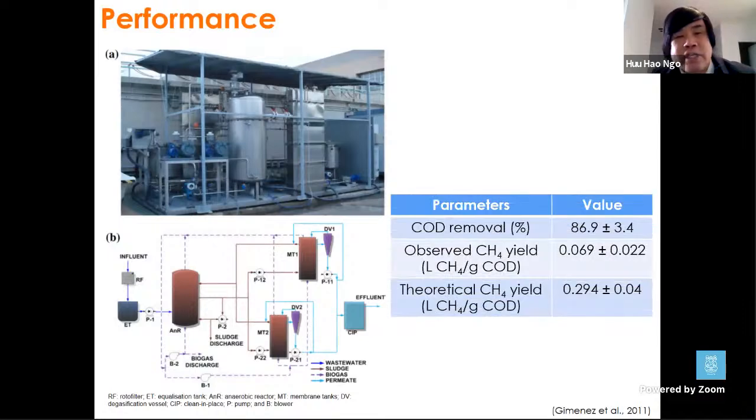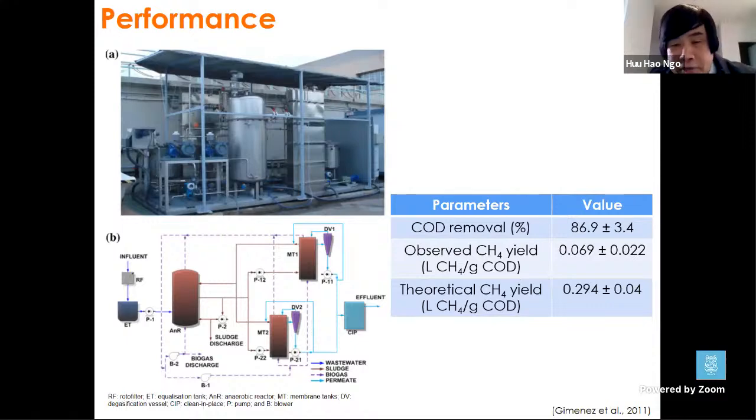I just want you to have a look at that. They are running with COD removal up to 97%, roughly. And the biogas methane yield is 0.069 liter per gram COD, very low. That is not good at all.